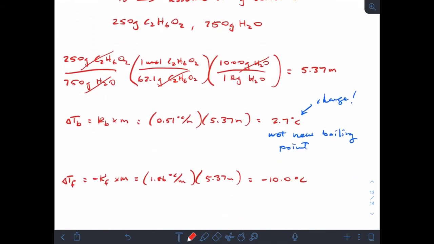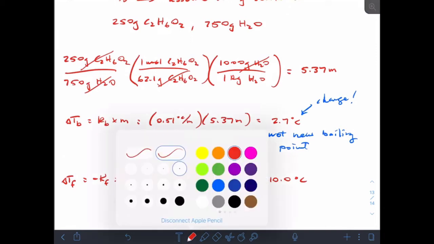I wrote that right, didn't I? Yeah, okay. Okay, so again, that minus 10 degrees C, that's not the new freezing point. That is the change in the freezing point, okay?